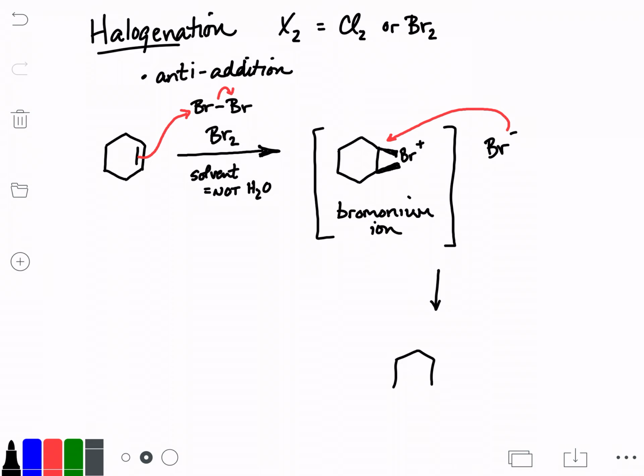And so what we'll end up with now is my one bromine being attached to the ring where it was in the first place, and my incoming second bromine being attached on the opposite side. So if I color code those, say my red bromine is here, and my initial blue bromine is still here. And so we've accomplished an anti-addition.